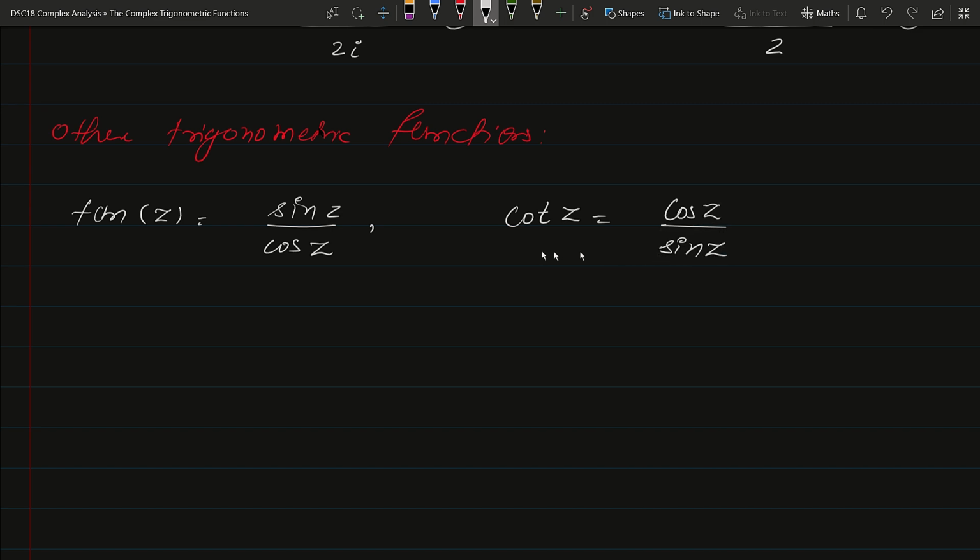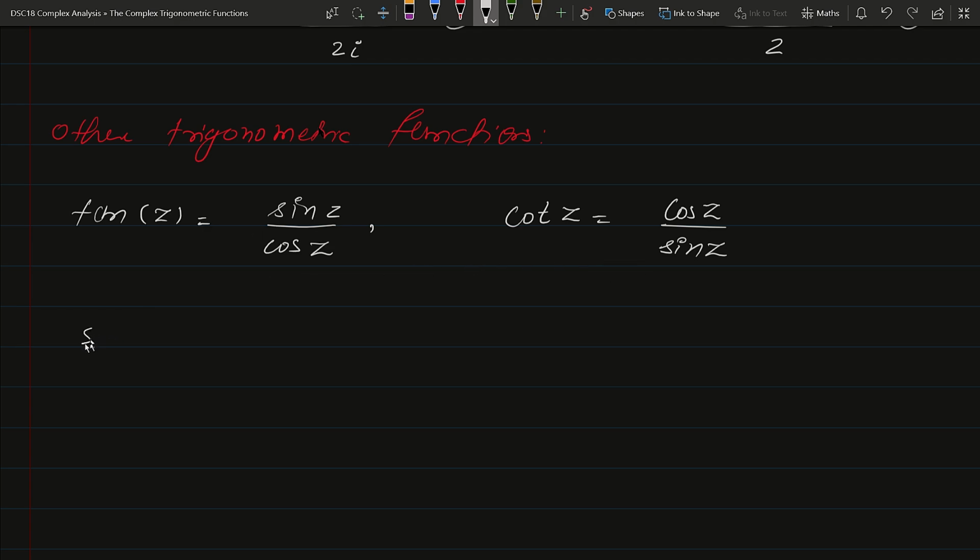Now if you want to find the definition of tangent and cot z, just replace sine z by e to the power iota z minus e to the power minus iota z over 2 iota, and the same for cos z. So you will have the expression for tangent in the form of complex exponential functions.